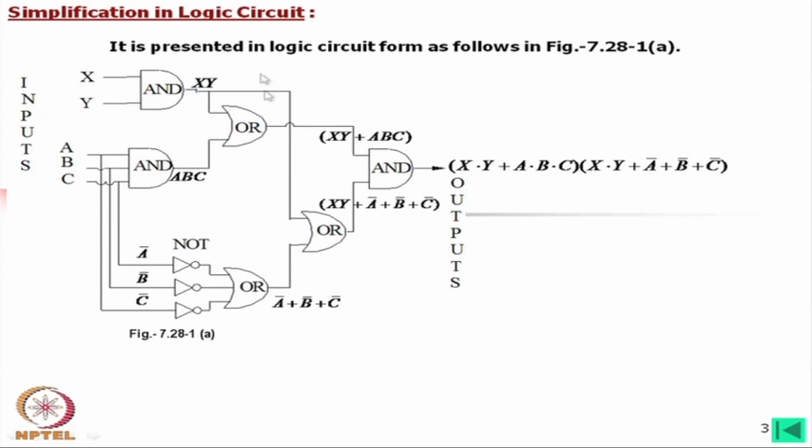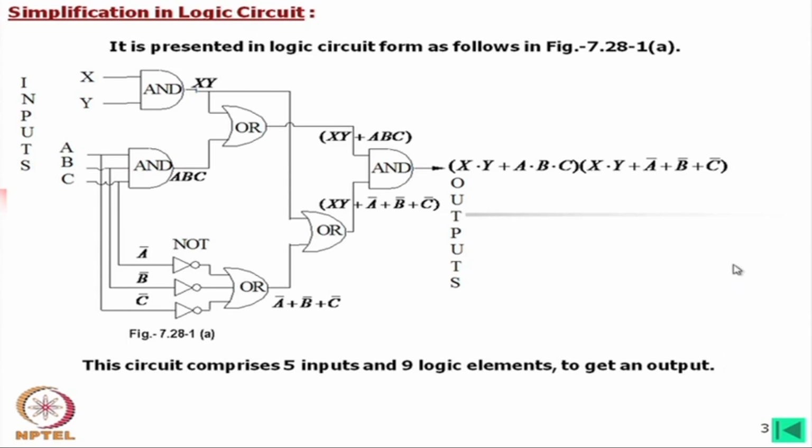Only when we would like to get this output, we can simplify this. How? This circuit has 5 inputs, as I have told, and 9 logic elements. How 9? 1, 2, 3, 4, 5, 6, 7, 8, 9, to get this output.